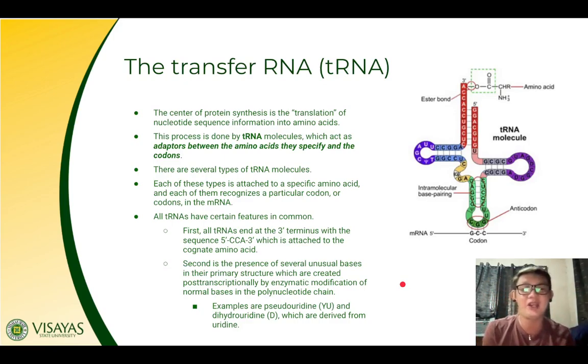In advanced molecular biology, if you enroll in a higher molecular biology subject, one of the topics will be the post-transcriptional modification of transfer RNAs. Examples of this are the incorporation of pseudouridine and dihydrouridine, which are derived from uridine bases.